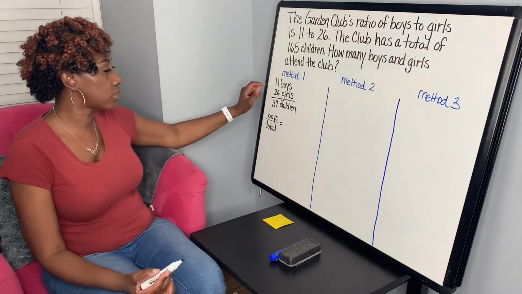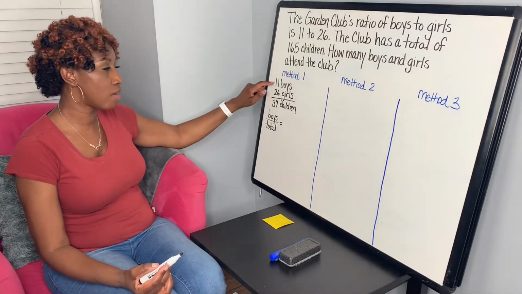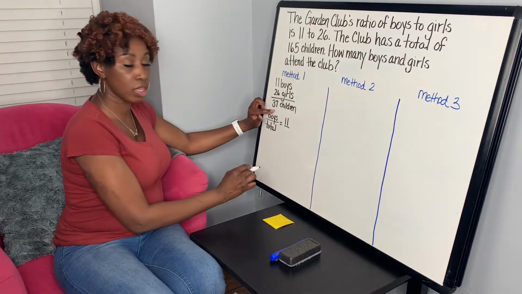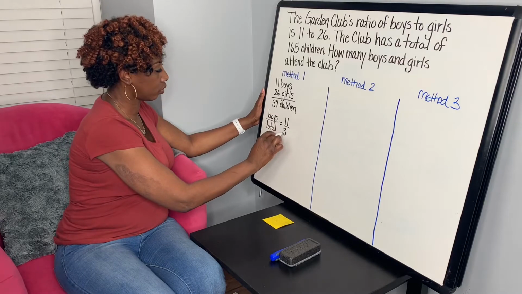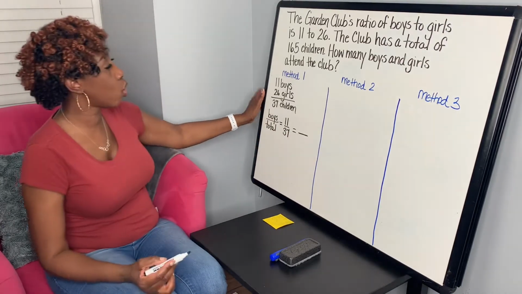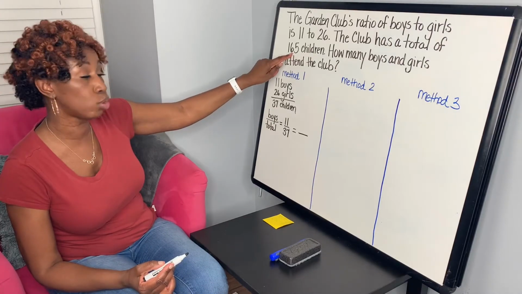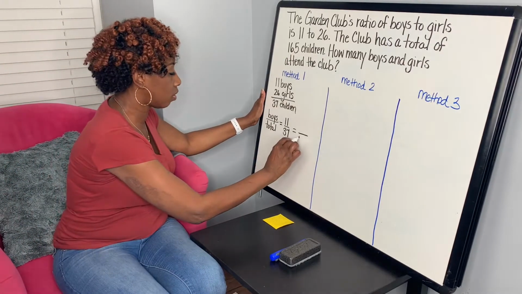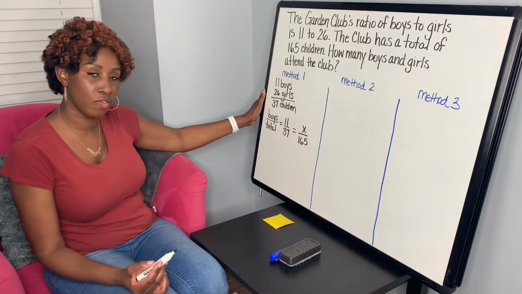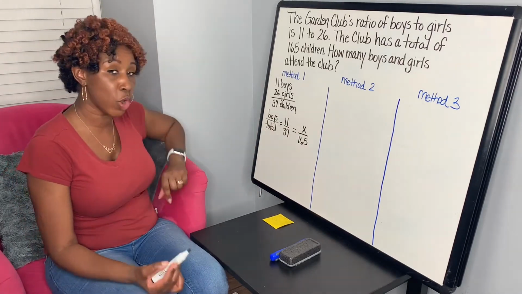If I start with my sample ratio, I had 11 boys and a total of 37 children. But if I have a total of 165 children, which is what I was given, I don't know how many boys I have out of that 165. So that's going to be my unknown.